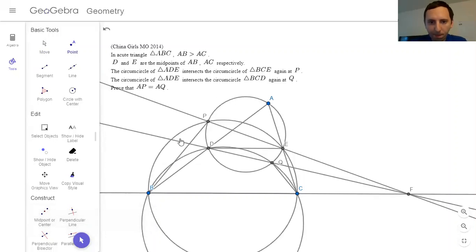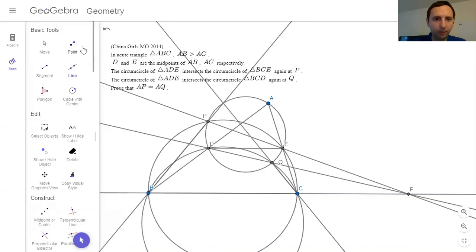But okay, so we want to show PBC is equal to QCB. I wonder if they concur. Yeah, they concur on the circle.